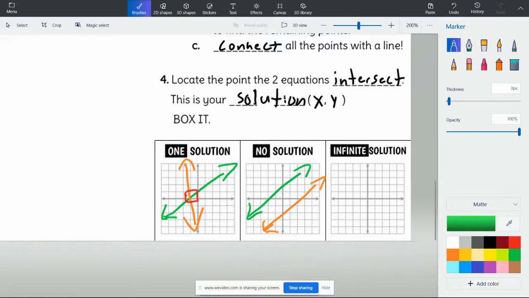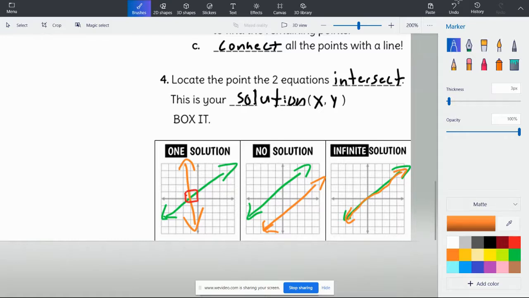What kind of lines would have infinite solutions, would intersect infinite times? That's right. If it's the same line, then it's infinite solutions. If there are two lines that are the same, you have infinite solutions. There's three types: one solution, no solution, infinite solutions.